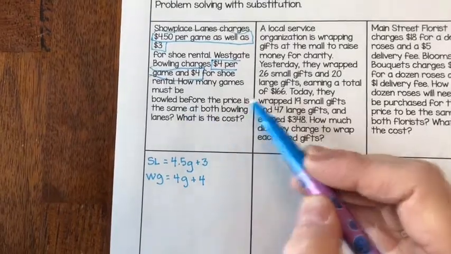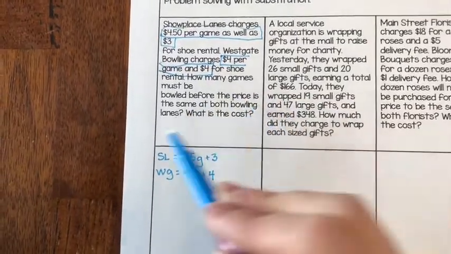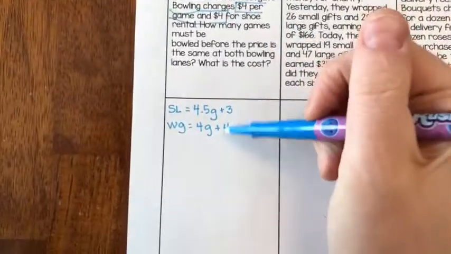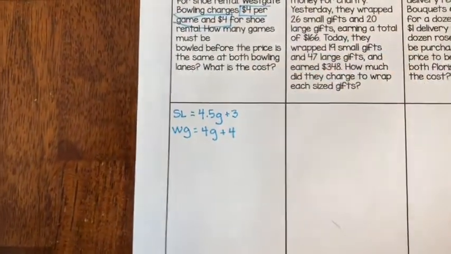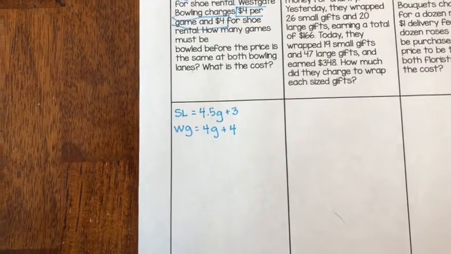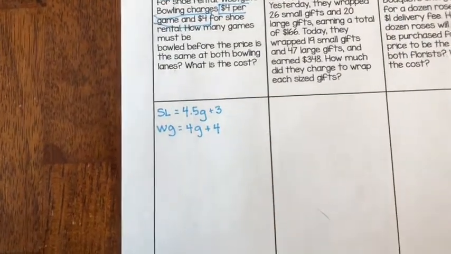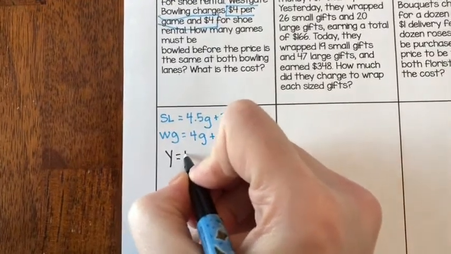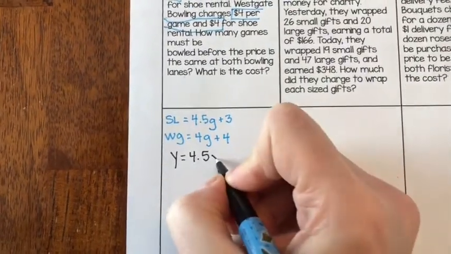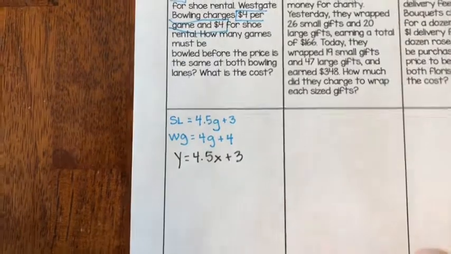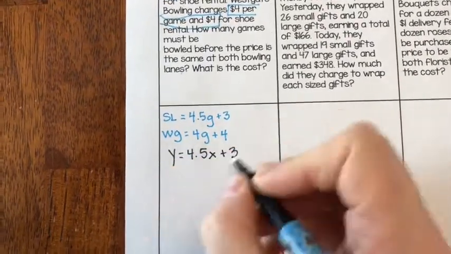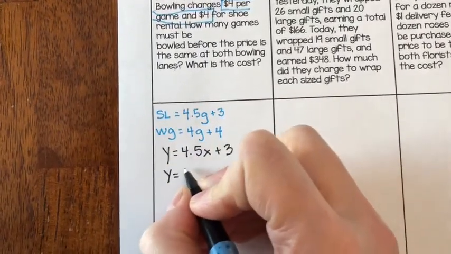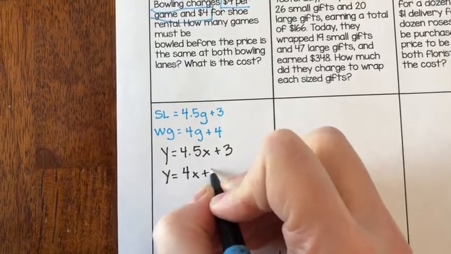How many games must be bowled before the price of bowling is the same? So what we're going to do is find the system where this is the same. Both of these are set up in y equals form. The first one is y equals 4.5x plus 3, and the second one is y equals 4x plus 4.